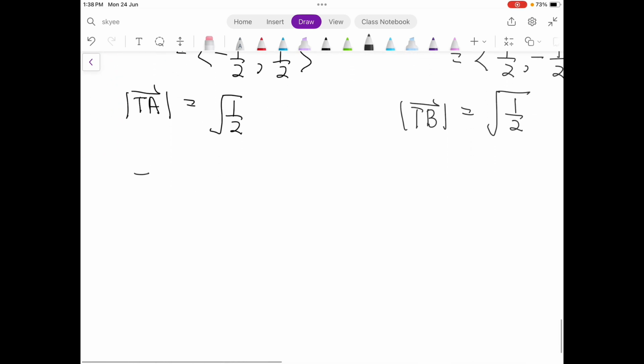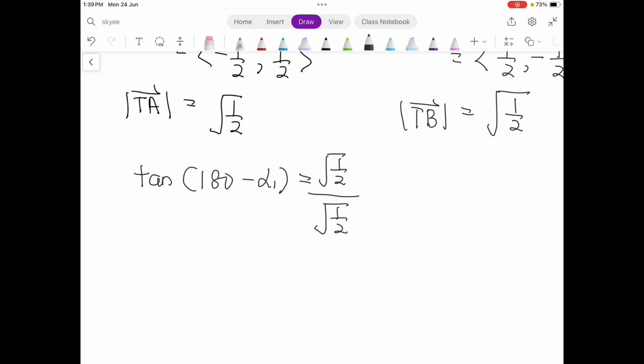Okay, so tangent of 180 minus alpha 1 is equal to opposite over adjacent. Okay, they are the same thing. Tangent of 1, minus 180, you get 135.